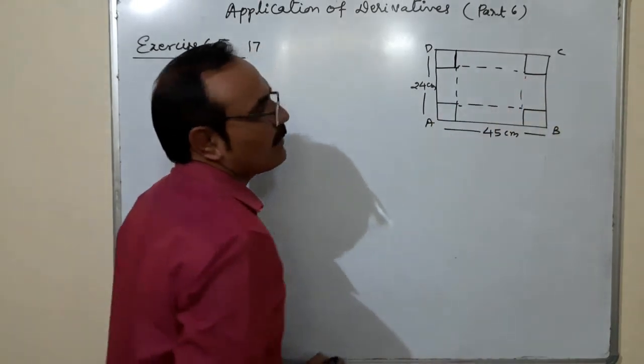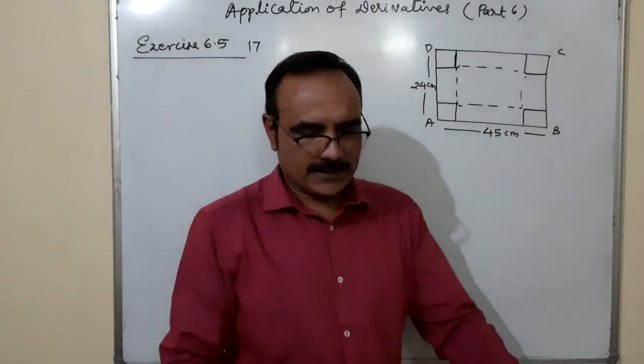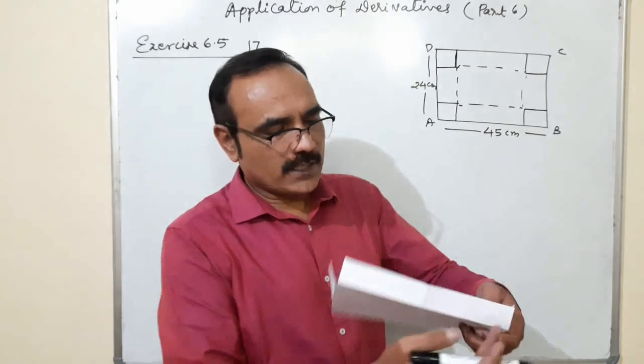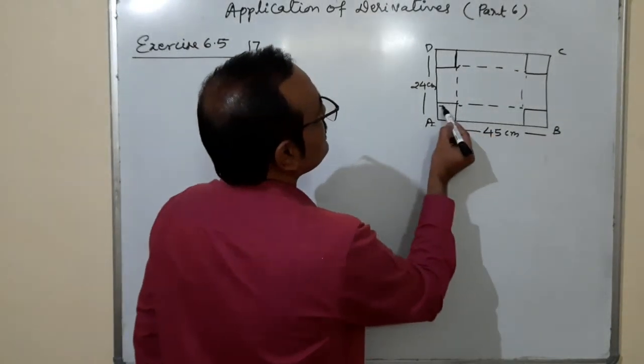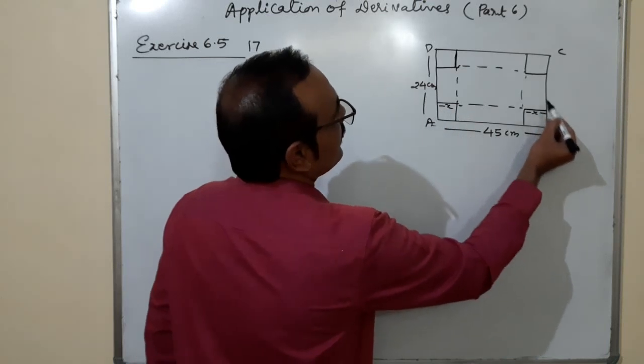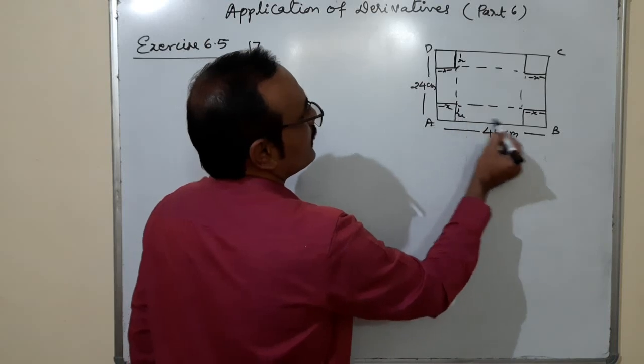In making a cuboid, what is the length of the cuboid? It is a square, so all sides are equal, everywhere it is x.